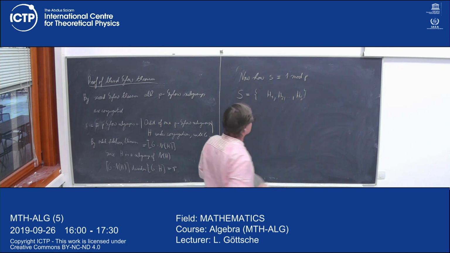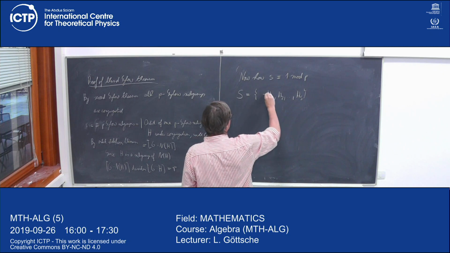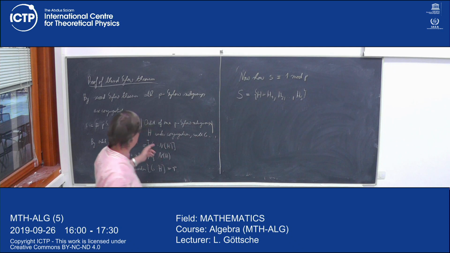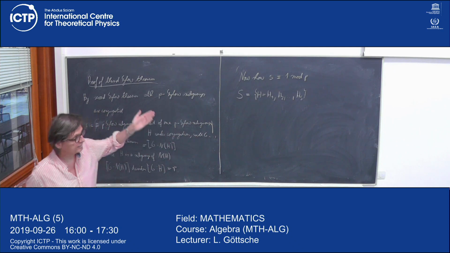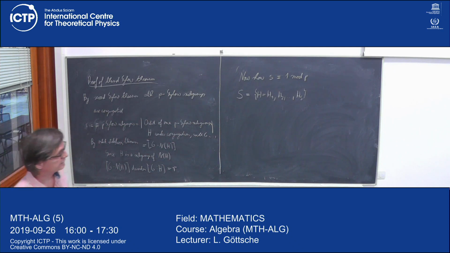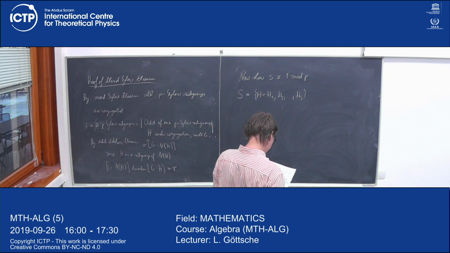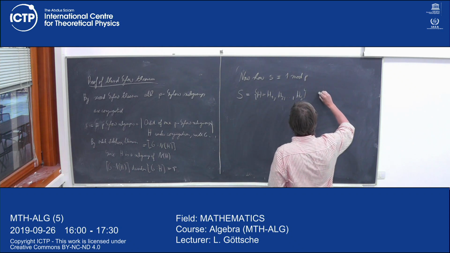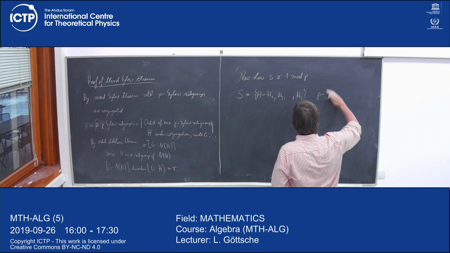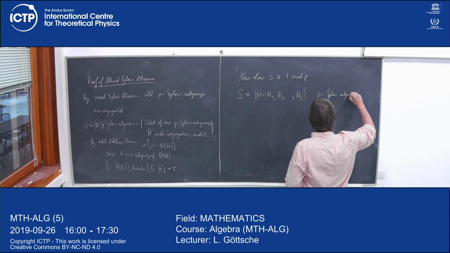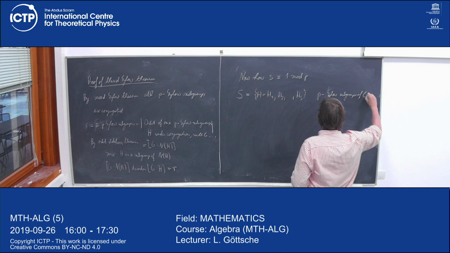We will eventually want to know what S is, and we pick one of them and call it H. And we know everything is obtained from this by conjugation. Obviously, you could take any of them, would be the same. So these are the P0 subgroups of G.